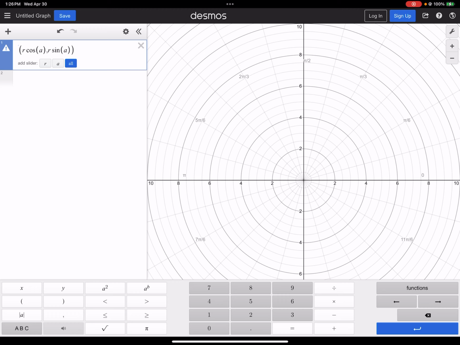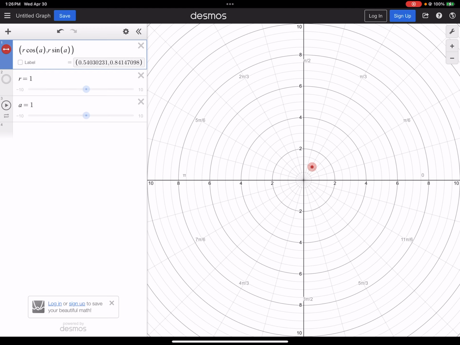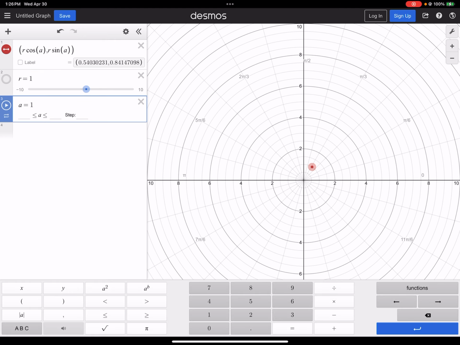All right, when you enter something in Desmos and it has two variables, you can put in what are called sliders. The A is where the angle is coming from. I'm going to put this in degree mode just because it's easiest for us to think that way.